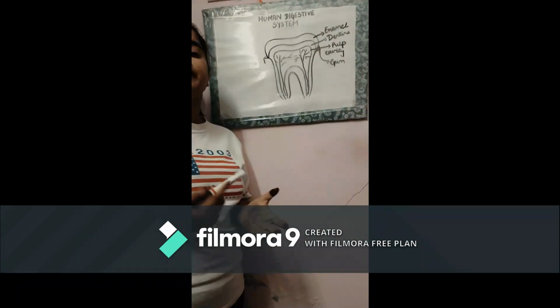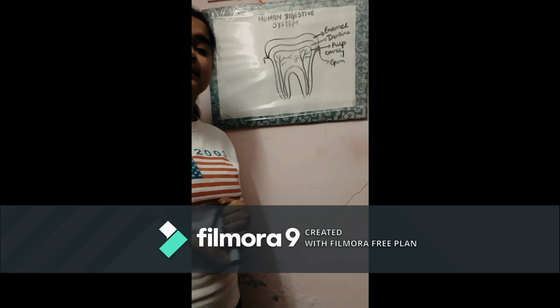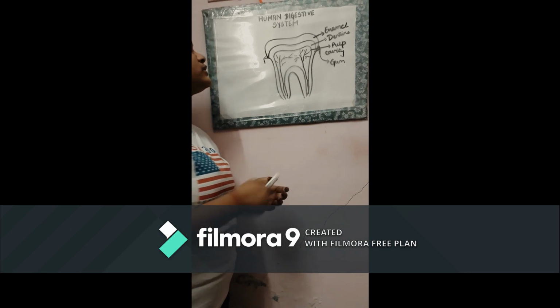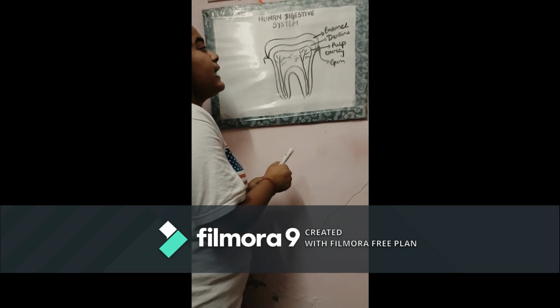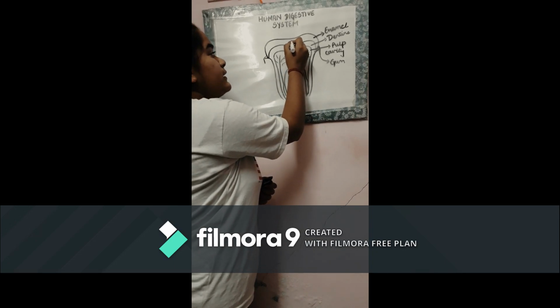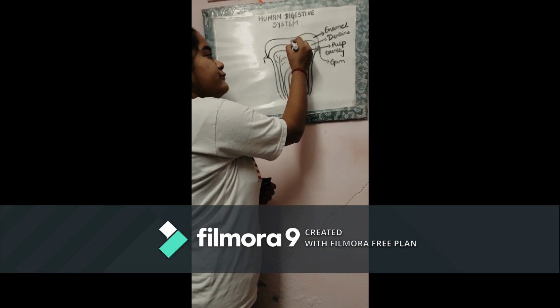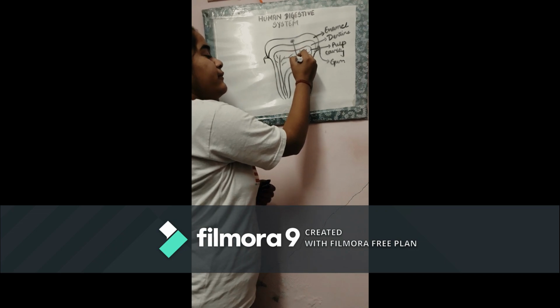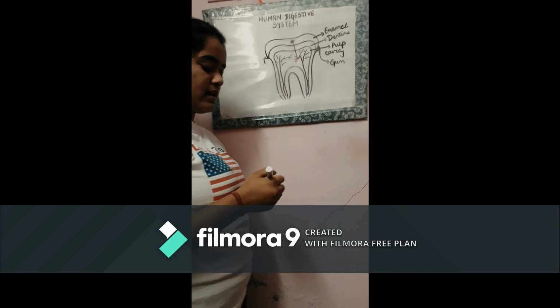Dental caries. Dental caries means that acid formation takes place on the surface of the enamel and it starts to decay our enamel and it further moves down, which causes pain in our teeth.